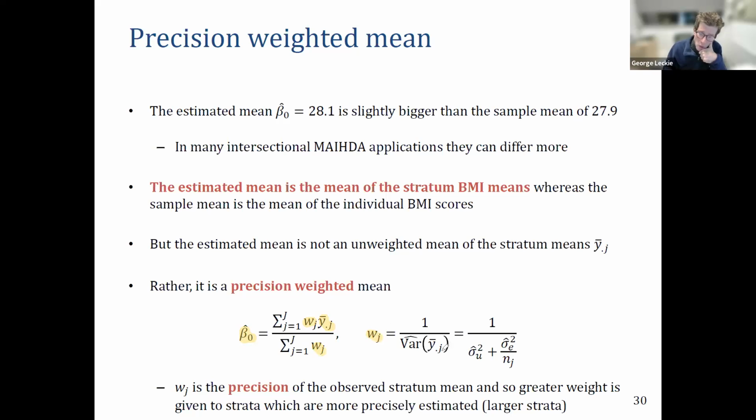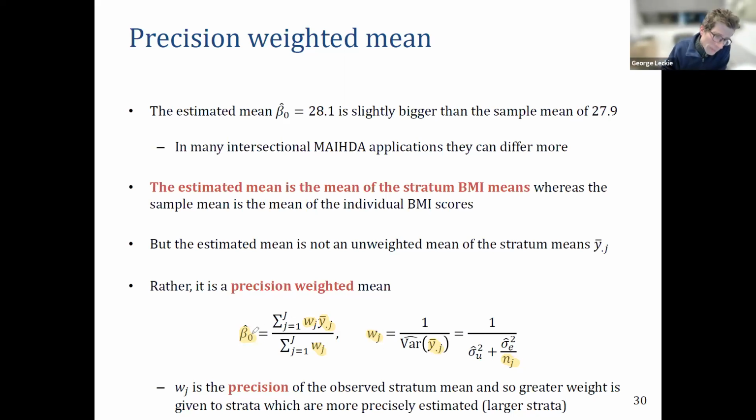And the precision of an estimate, remember the observed stratum mean is an estimate of the true stratum mean, its precision is 1 over its variance. Okay, and the variance here, if you did the algebra, it would be given by this expression here, which crucially involves the sample size. Okay, so that does play the key role here, but these other parameters do as well.